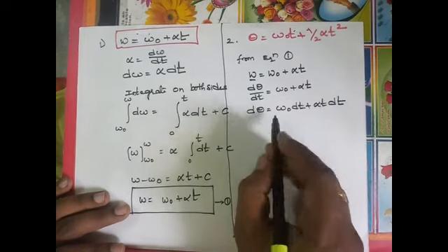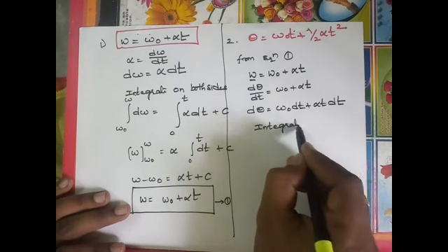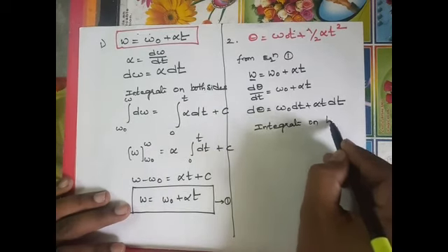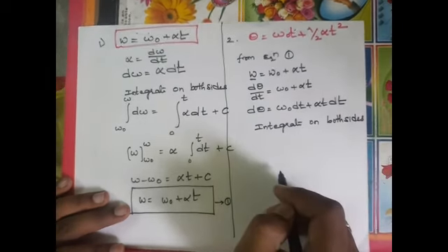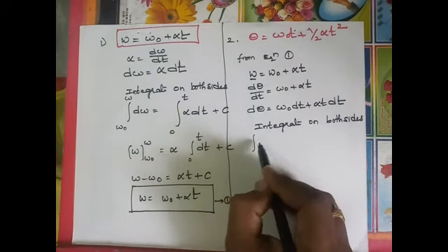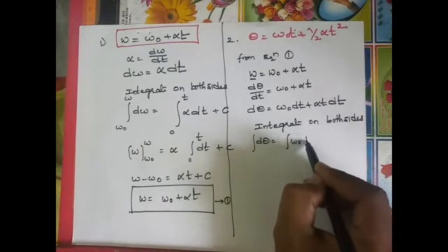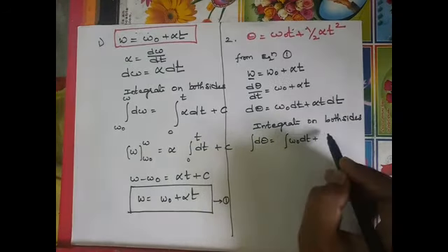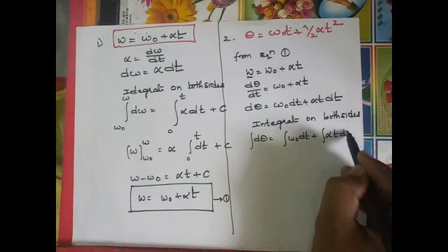So let us integrate on both sides. Integrating, we get the integral of d theta equal to the integral of omega naught dt plus the integral of alpha t dt.